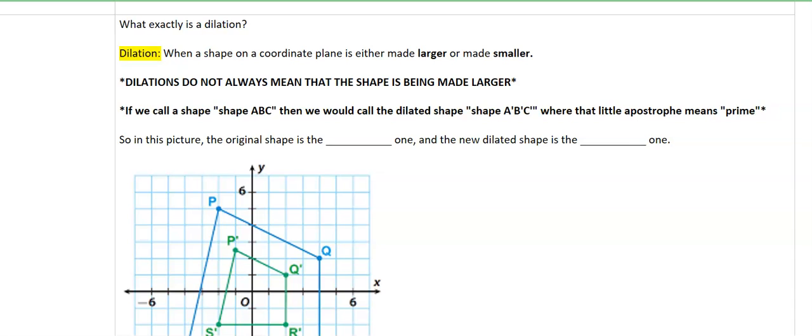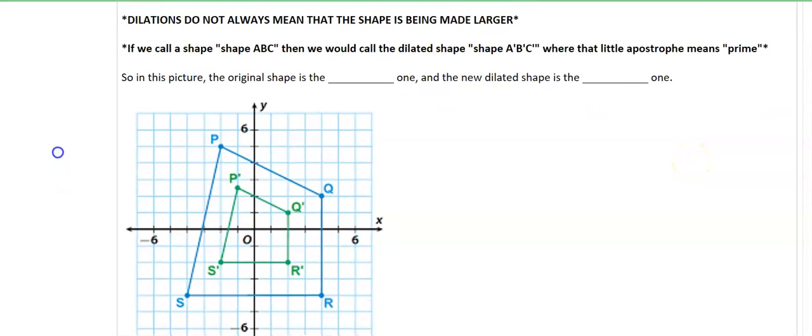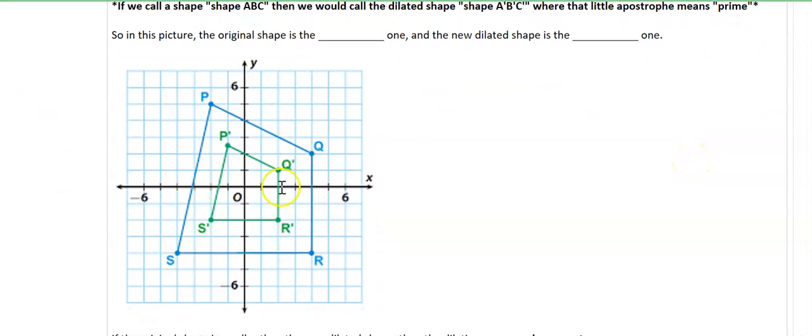For dilations, we usually call the shape ABC, if that's what we're calling our original shape. Then the dilated shape is A prime, B prime, C prime. So they just have that little apostrophe above it, which means prime. So if I scroll down here, in this picture, my original shape would be the one in blue.